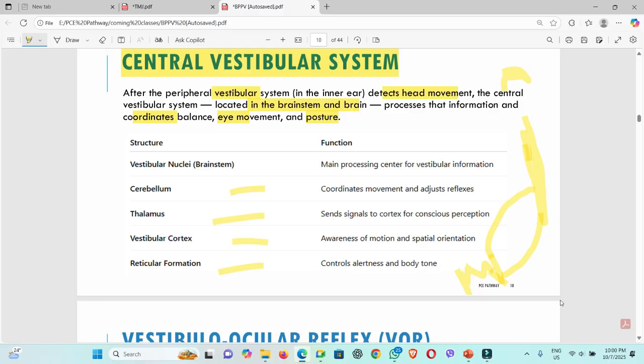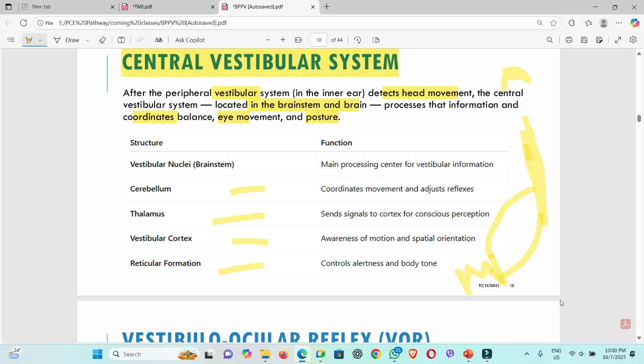But for posture correction, those muscles, all our major postural muscles, are always connected through the spine only. Yes, that is the vestibulospinal reflex I was asking about. Then there's no need for the central nervous system, I mean the brain, to come into action. That is very fast. Right, I agree.